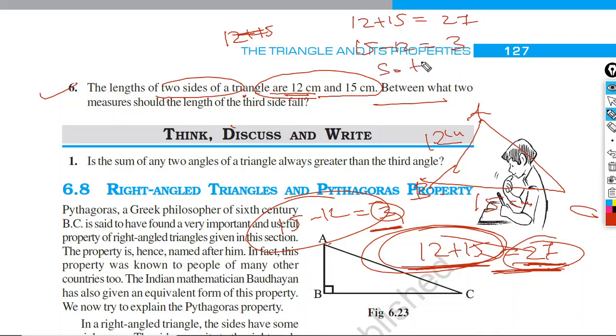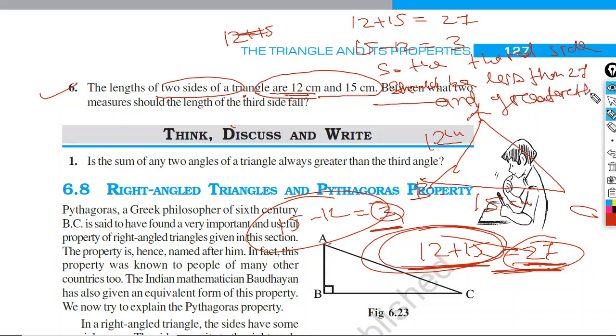So the third side should be less than 27 and greater than 3 cm.